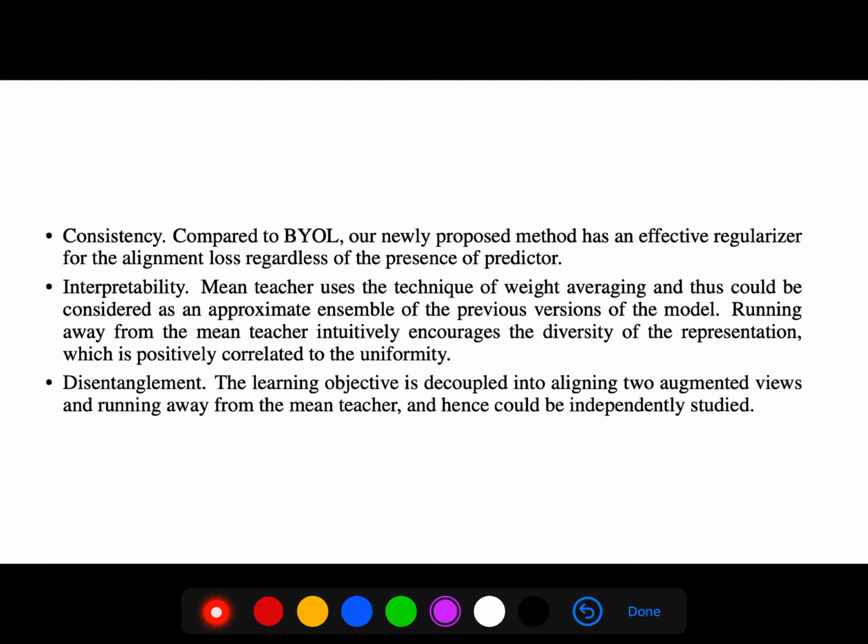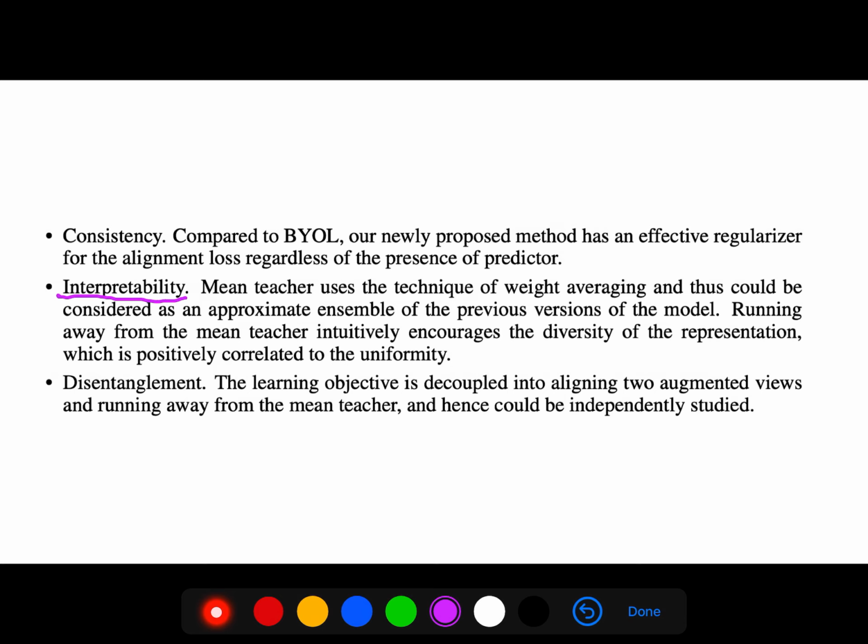When compared to BYOL, our newly proposed method has an effective regularizer for the alignment loss regardless of the presence of a predictor. It also has interpretability, because the mean teacher uses the technique of weight averaging and thus could be considered as an approximate ensemble of the previous versions of the model.